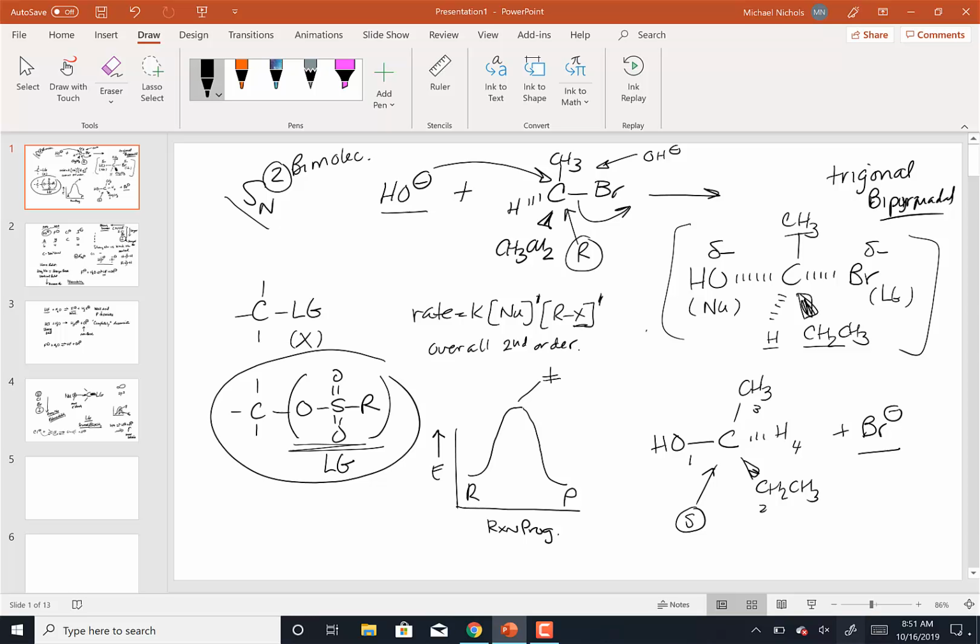Because the more resonance structures you have, the more stable the molecule. And so that's the classic way to make things stronger acids, is to use something where the conjugate base has lots of resonance structures. That's not the only way, but that's the best way.